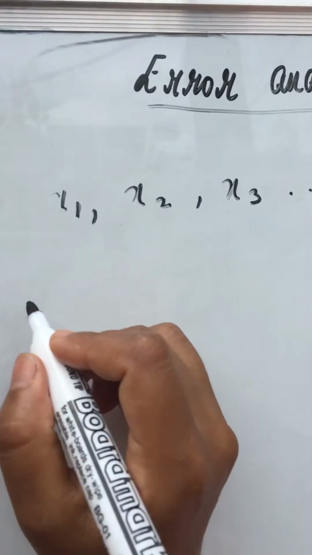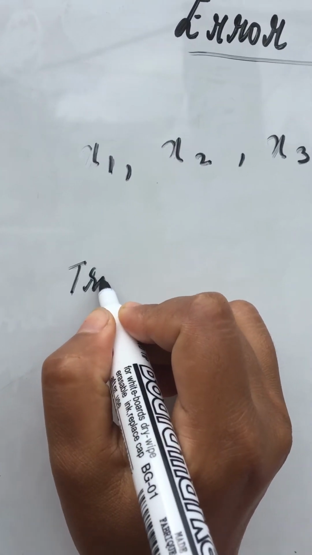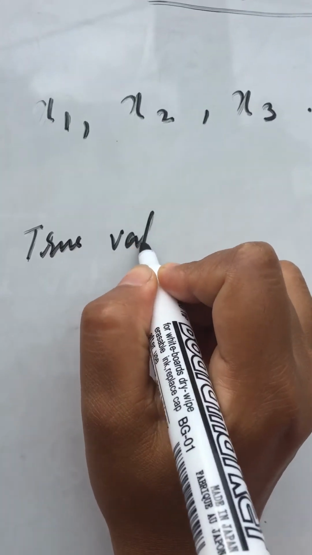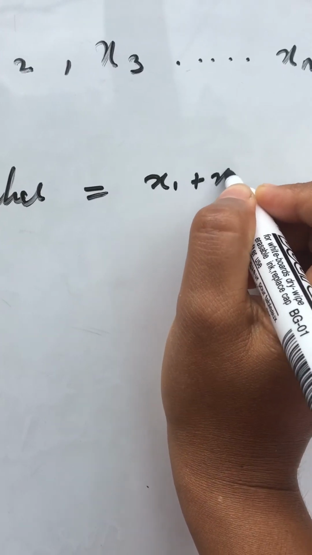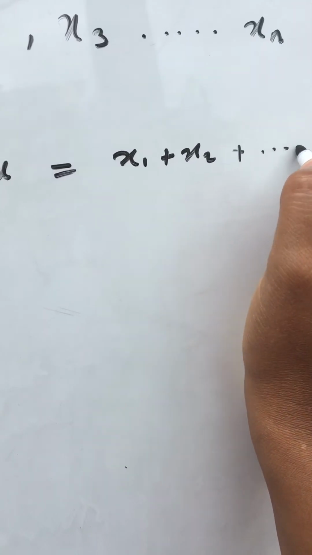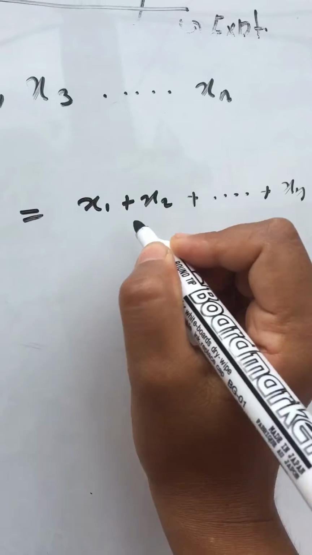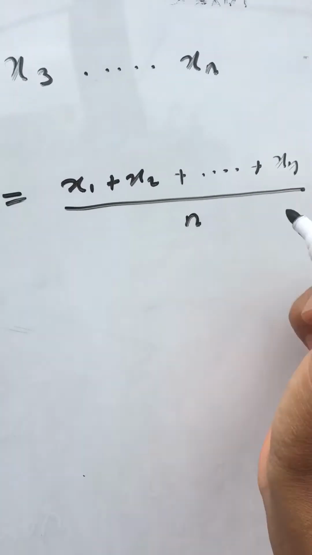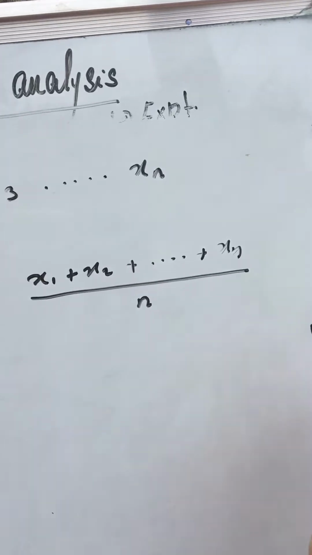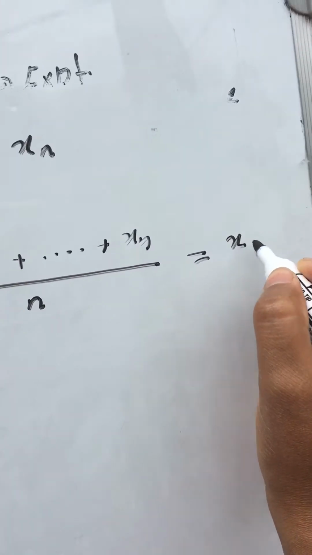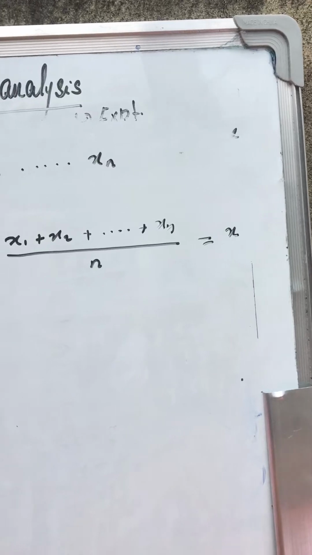Then what will be the true value? The true value is the mean value: x1 plus x2 plus up to xn, divided by the number of readings. In the note, x stands for the true value.